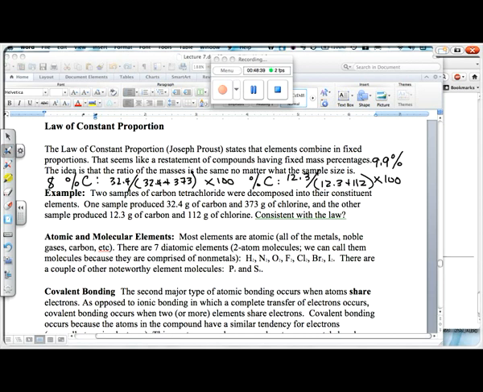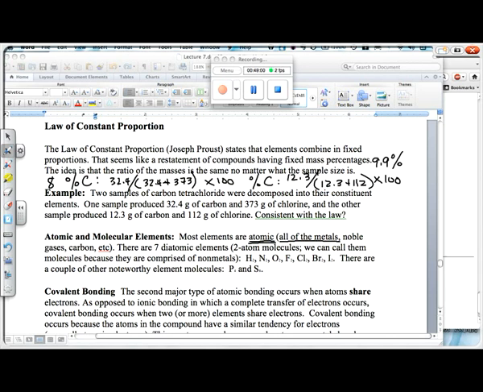All right, this is important as we get into covalent bonding. There are elements that actually exist as molecules. We have been talking about elements for a while, and for most of them, all of the metals, which you know are a large proportion of the elements, they are atomic, meaning that they exist as single atoms.